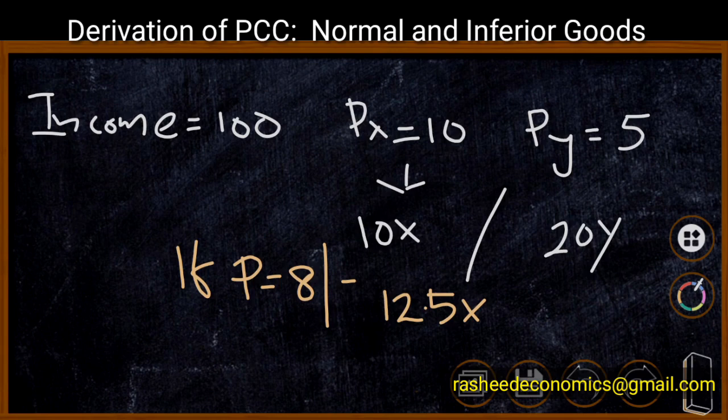That is, the quantity of X that can be purchased by the consumer has increased. Here the quantity of Y that can be purchased remains constant. Therefore, when the price of a product changes, there will be a change in the quantity that can be purchased only in case of the price decreased product.